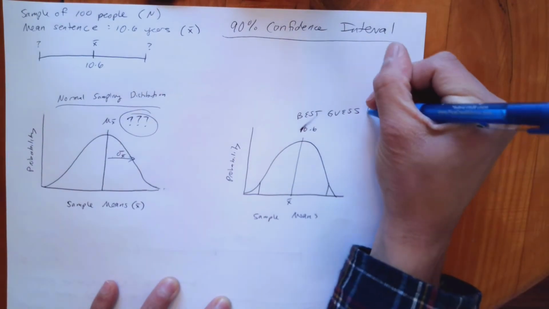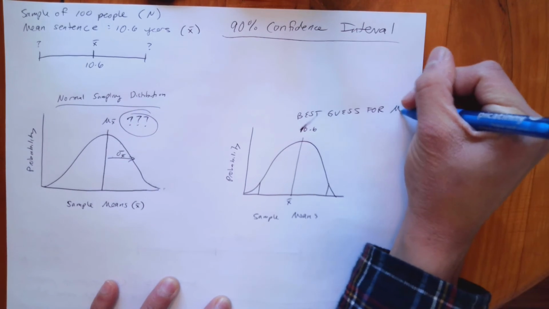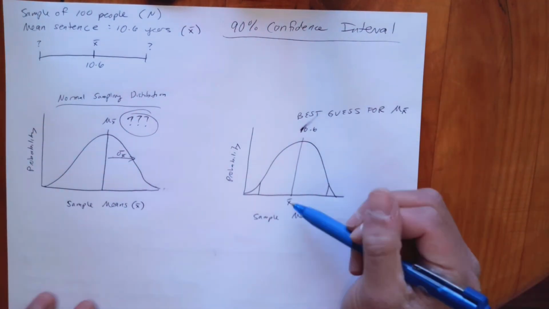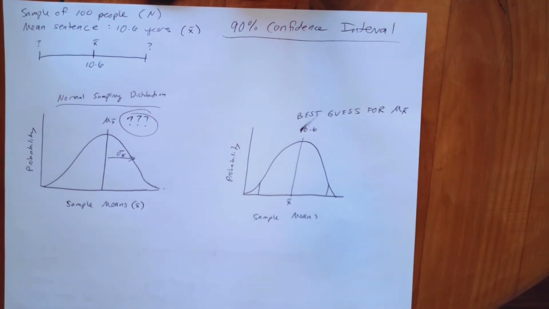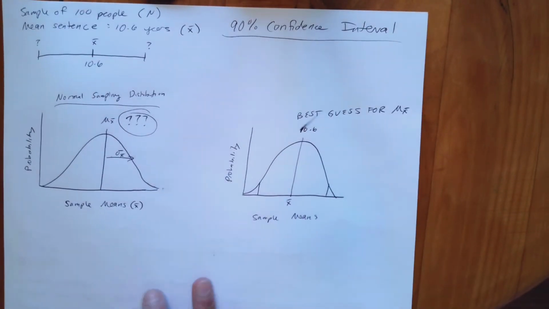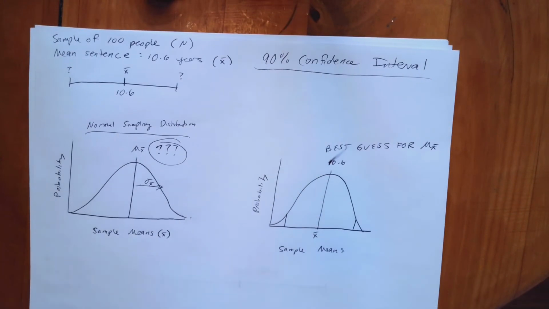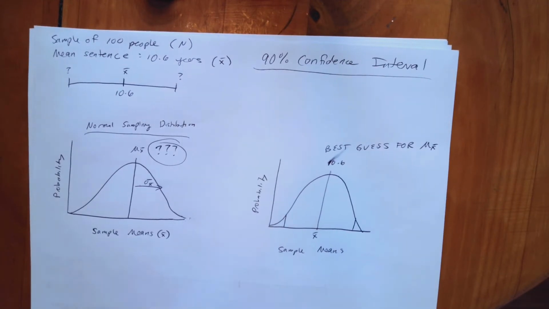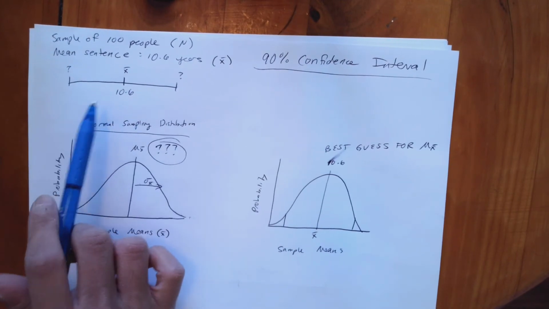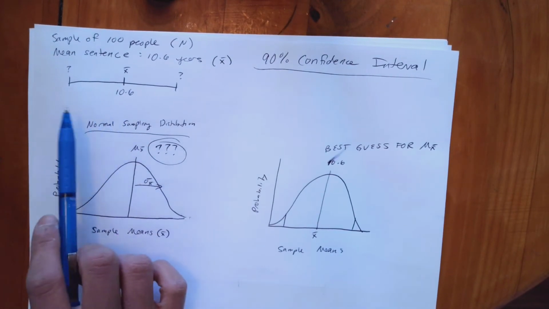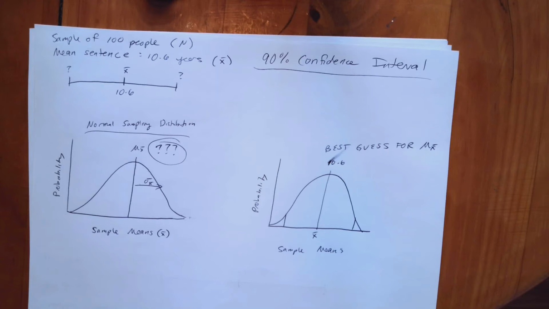This is our best guess for the true population mean, which we got by taking a sample and using our sample mean as a point estimate or a best guess for what the true population mean is. What we want to do is find an interval around our best guess of 10.6 that has a 90% chance of landing on top of the true population mean.